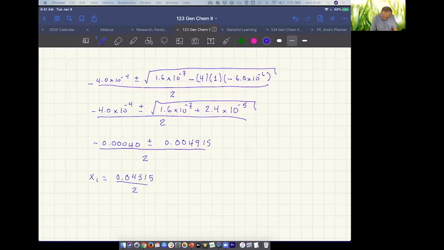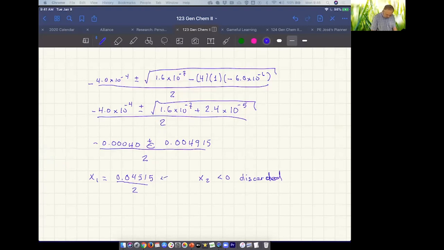And the other one is going to be, I'm going to use a negative. A negative is going to give me definitely a negative number, and x2 then being less than 0 can be discarded because the concentrations can never be 0, and we said that x was the concentration at equilibrium. Discard it. So this is the only useful result.